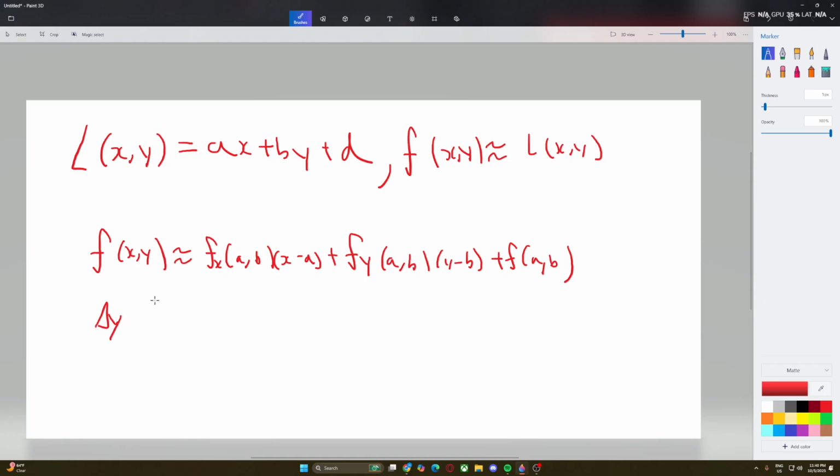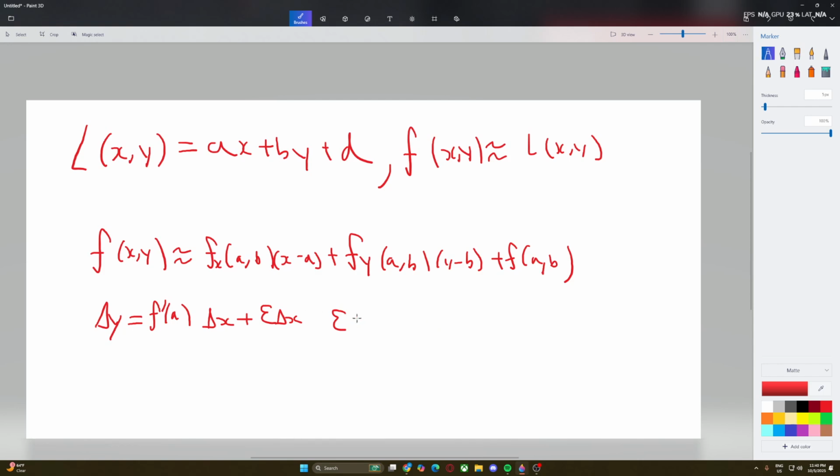The increment of y for one variable is f prime(a) change in x plus epsilon change in x, where when epsilon approaches 0, so will change in x approach 0.